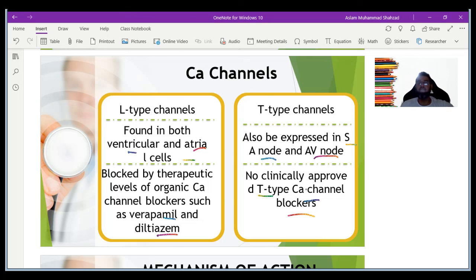So we need to understand that calcium channel blockers are of different types, L-type or T-type, depending upon anatomical position. The L-type channels are present in ventricular and atrial cells, whereas T-type channels are present in the SA node and atrioventricular node. So they are different drugs working by blocking different types of calcium channels.